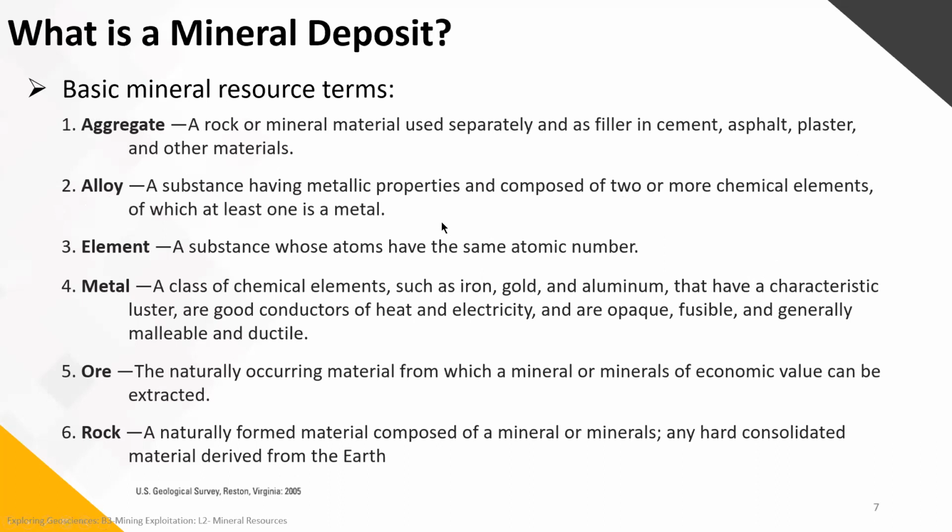Alloys are a substance having metallic properties and composed of 2 or more chemical elements, of which at least one is a metal. The other terms, metal, ore, and rock, we've covered before. And at the end, I've included a dictionary for mineral terms that has been done by the Geological Survey of Canada.